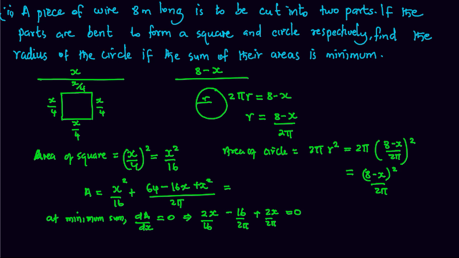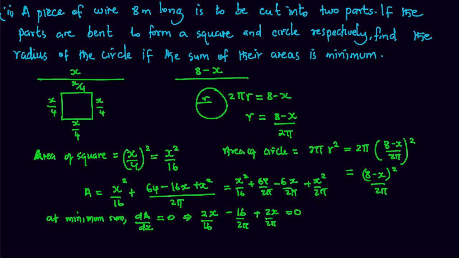Remember, from up here we'll have x squared over 16 plus 64 over 2 pi minus 16x over 2 pi plus x squared over 2 pi.